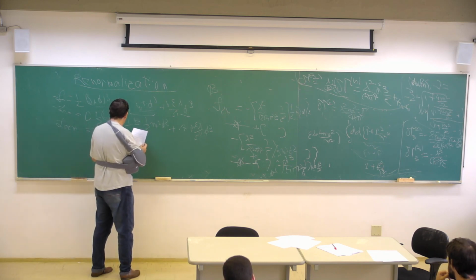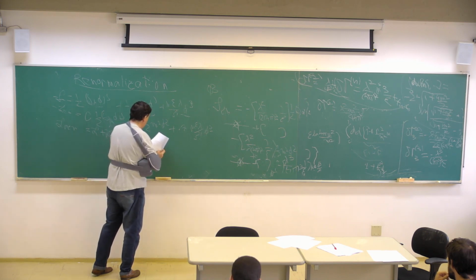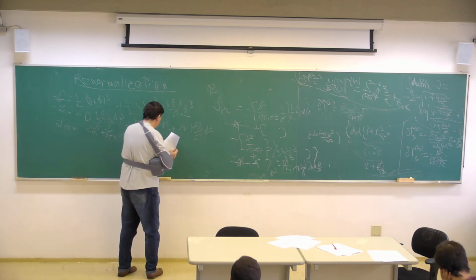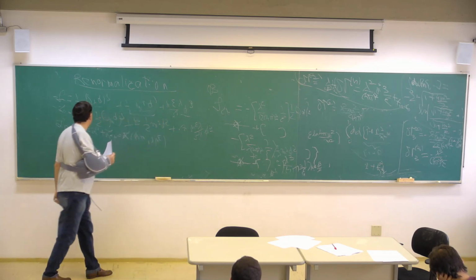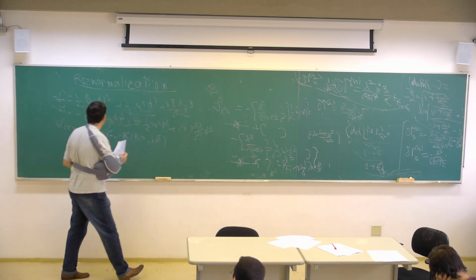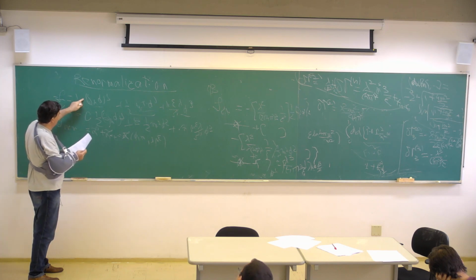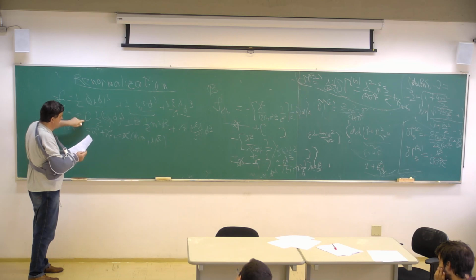So this is something that depends on phi and lambda mu to the epsilon, right? It still depends on these things, but there's a finite coefficient here plus an infinite coefficient here.